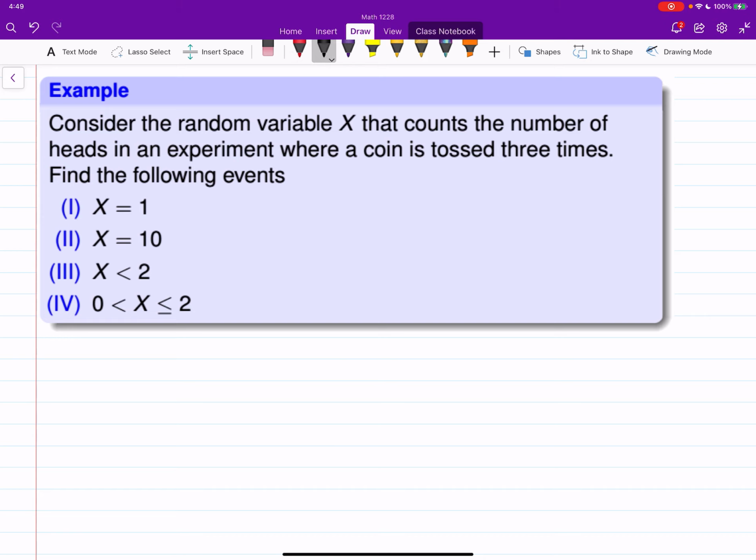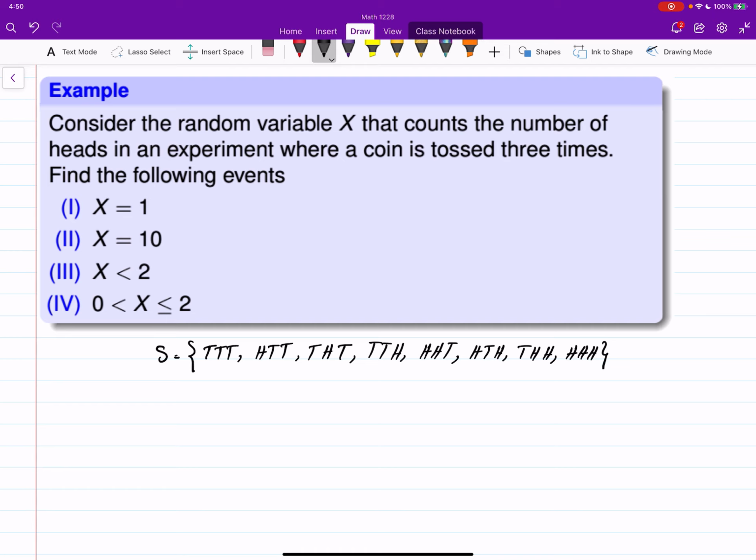Remember that in that case, our sample space, so we toss a coin 3 times: TTT, HTT, THT, TTH, HHT, HTH, THH, or all 3 can be heads.